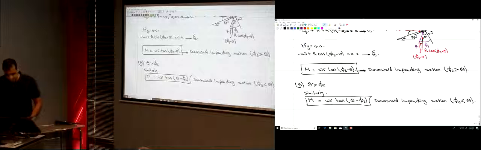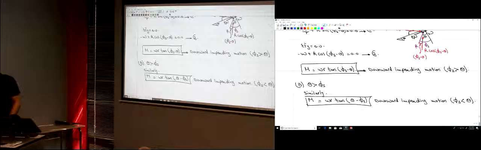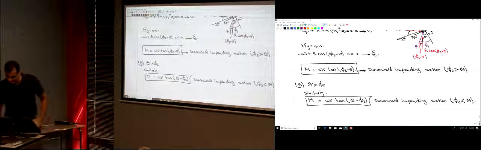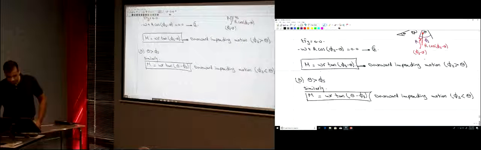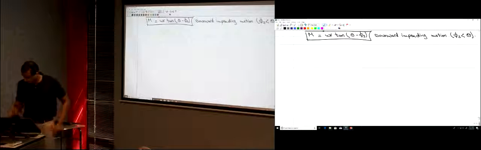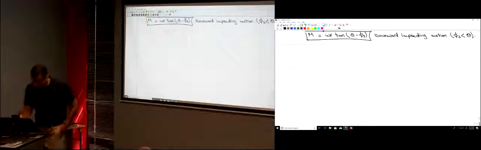So now let's solve a very quick, short example here. This is example 8.7.